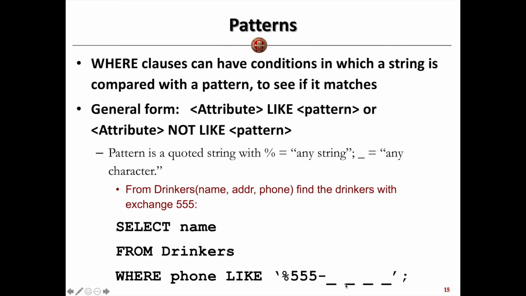And these underscores, we have 4 underscores denoting any 4 digits. In this way, we can match this phone number with this pattern, with any digits before 555, then 555 in the middle, and also followed by 4 other digits. This defines the pattern for phone numbers with 555 as the exchange number. So this is for the where clause.